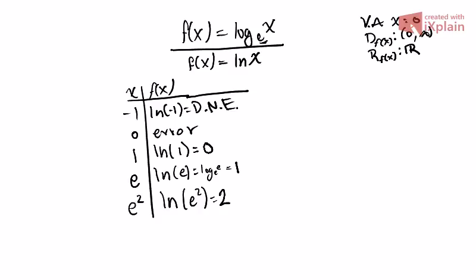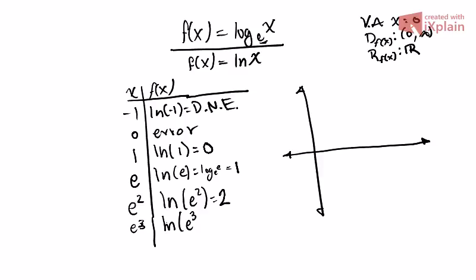So let's go ahead and talk about graphing it. So if you graph it, draw your graph. Another note, if I did e cubed and I did the natural log of e cubed, it's going to get 3. We can graph those too. I mean, it doesn't matter to me. Draw your vertical asymptote.